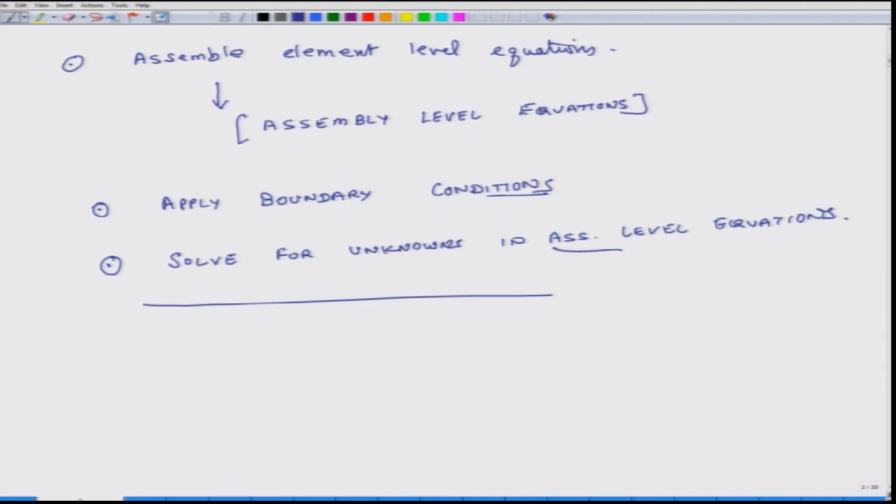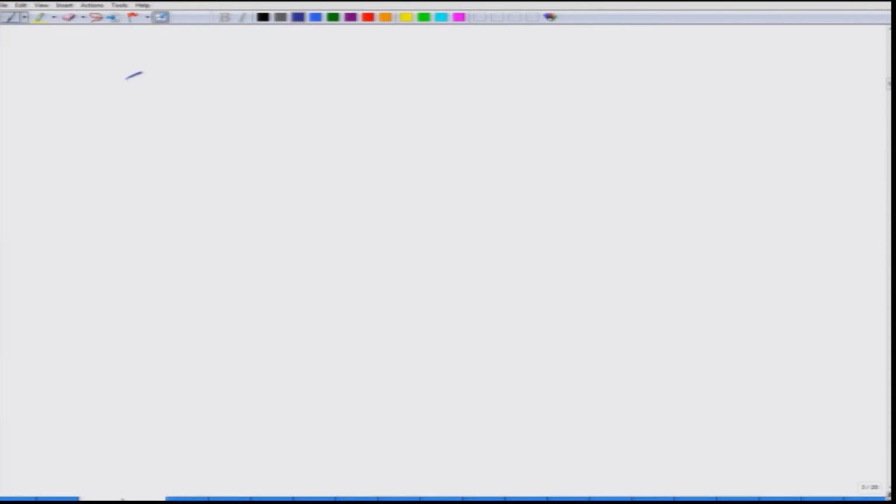So, what we will do is, in the next 10-15 minutes, we will illustrate this methodology. So, we will go through an example. So, suppose I have a hollow cylinder, and so this is all material, and suppose in this hollow cylinder heat is flowing.